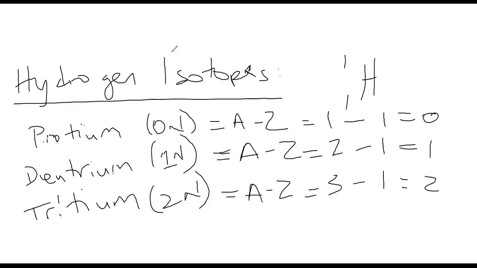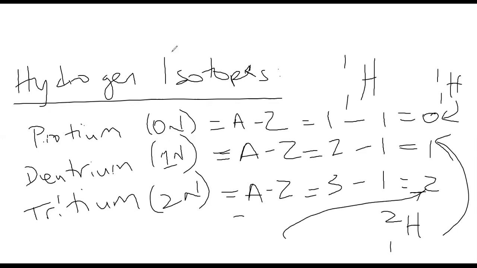So for protium, your chemical symbol is going to be H, 1 1. Good. Then the second one is going to be 2H1, and then the third one is going to be 3H1. Good. So we get that. However, in the periodic table, it does have one block for hydrogen, but hydrogen has different isotopes.